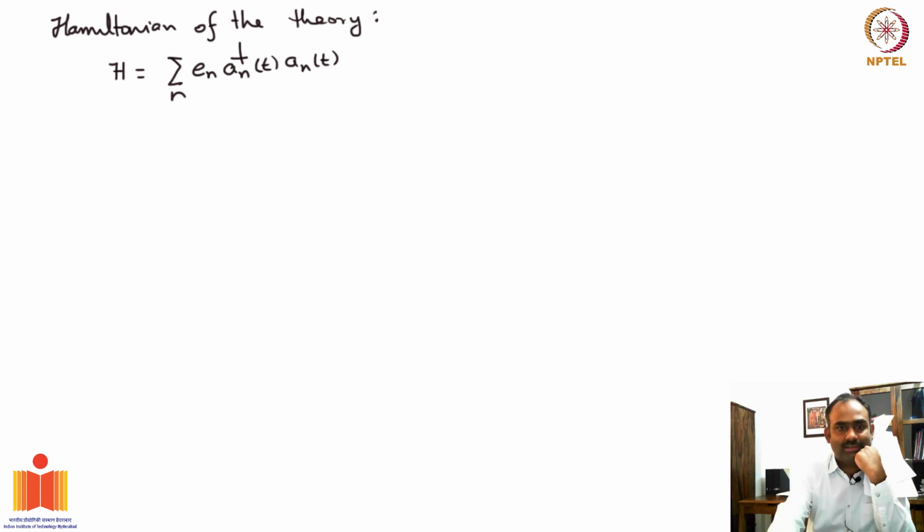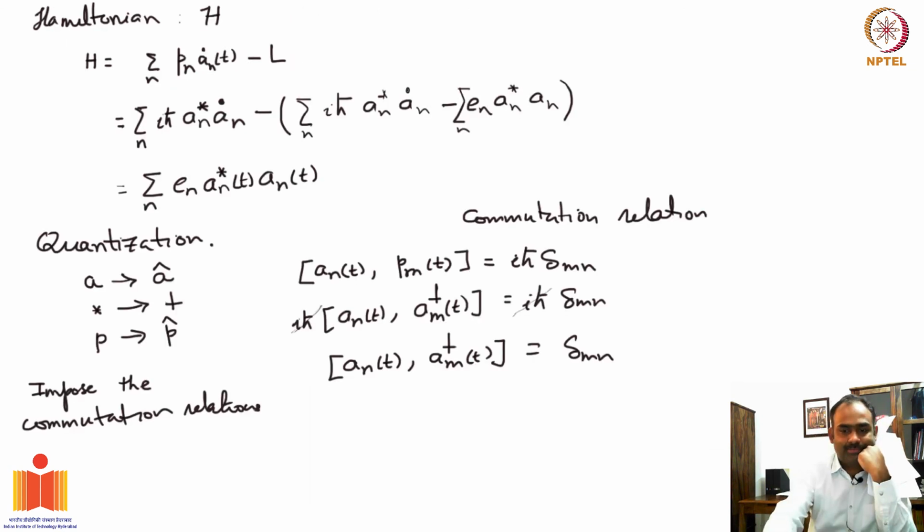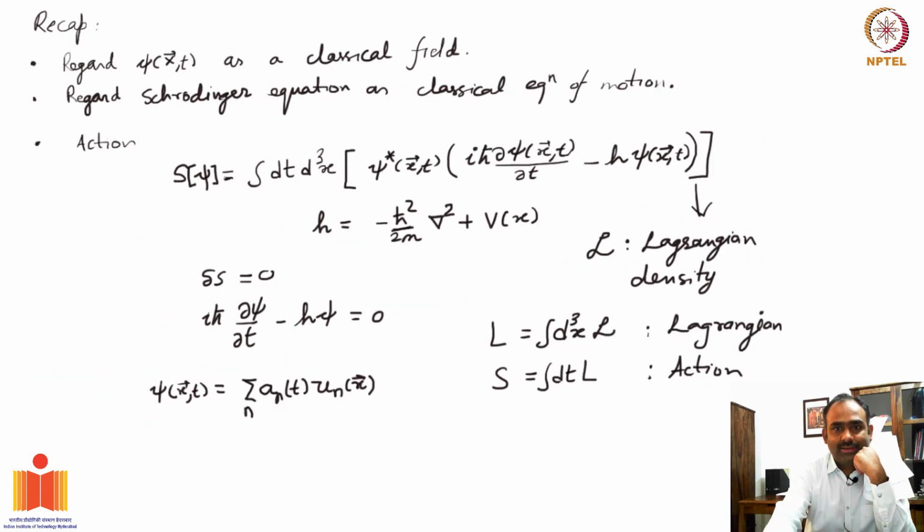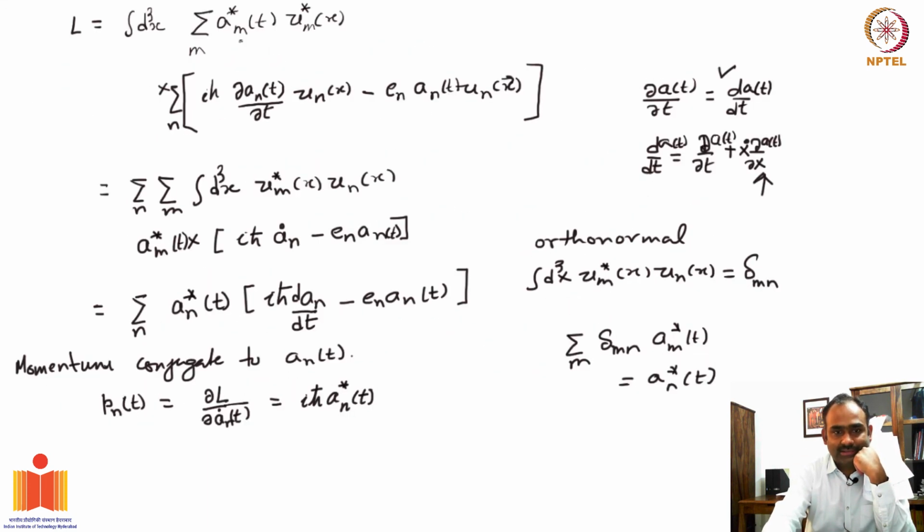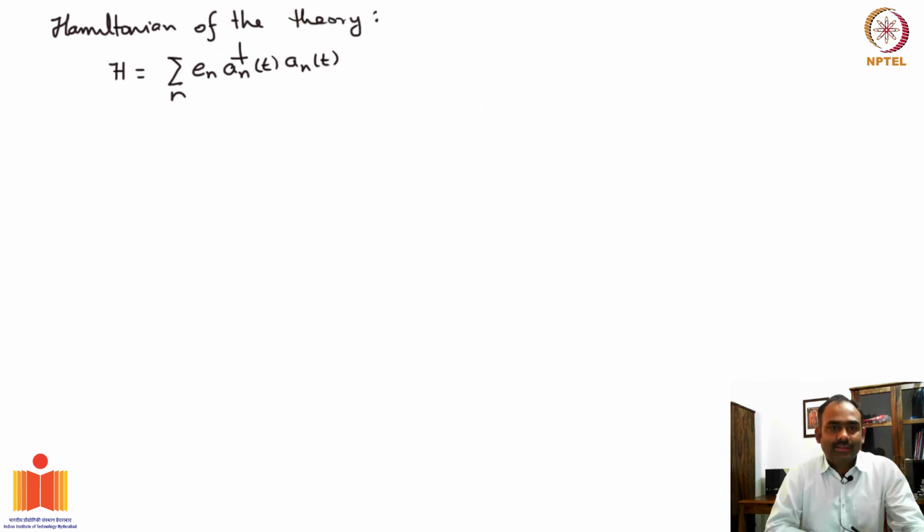Okay, let's check. Perfect. And remember what En is? En are the eigenvalues of small h. That is the Hamiltonian of the theory.